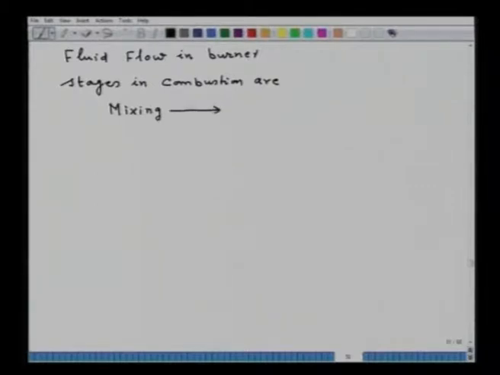After mixing, you have ignition, you have to ignite the fuel, then ignition followed by chemical reaction, and the last stage is disposal of products of combustion.